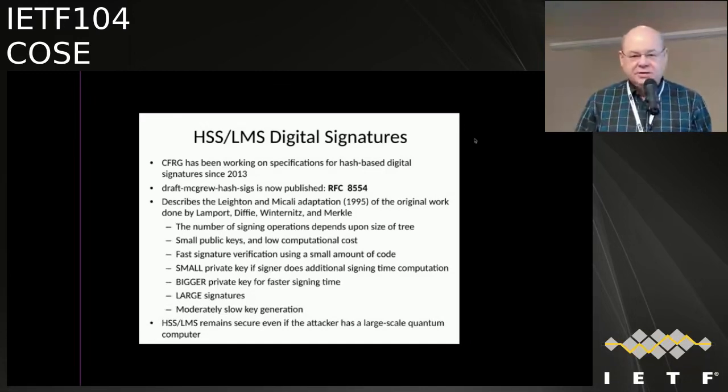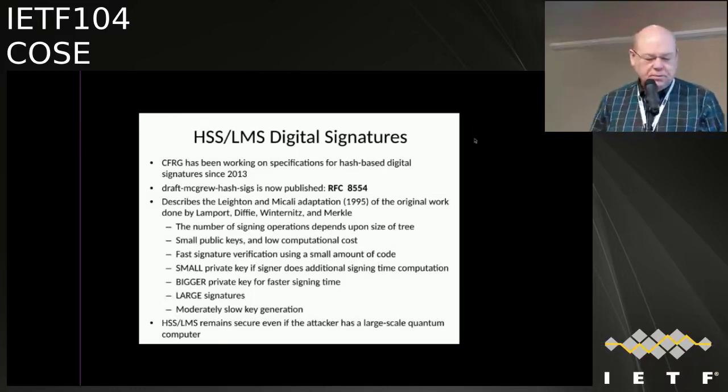It's in AUTH48, so we know what the number is going to be as soon as it pops. So it's 8554, and it describes an adaptation of some work that goes back to the mid-90s. Original work done by very famous cryptographers, you know, Lamport, Diffie, Winternitz, and Merkle.